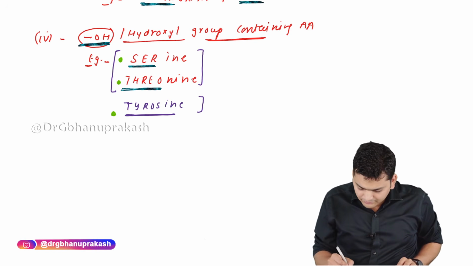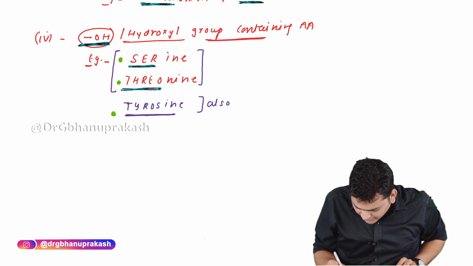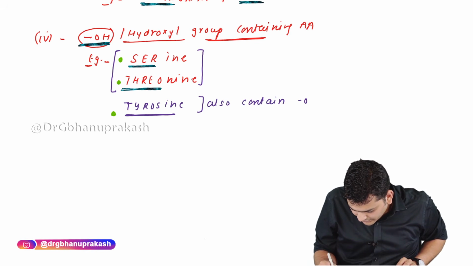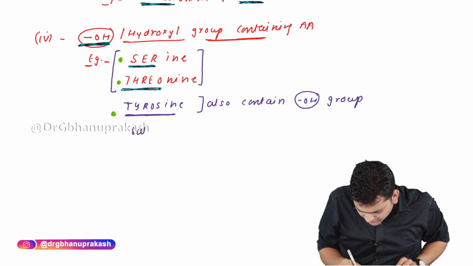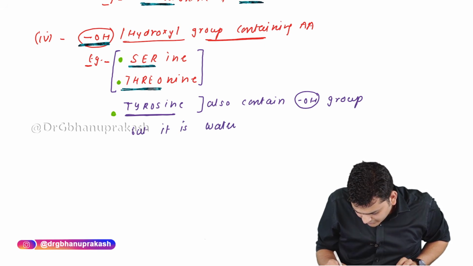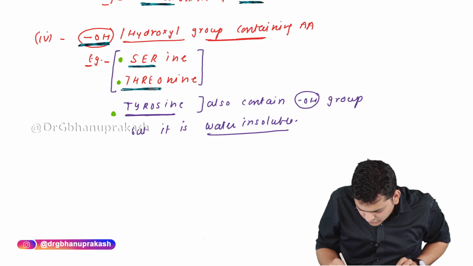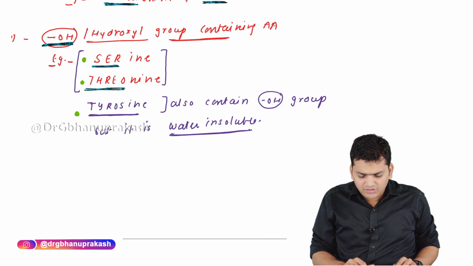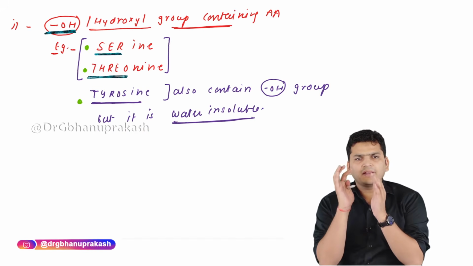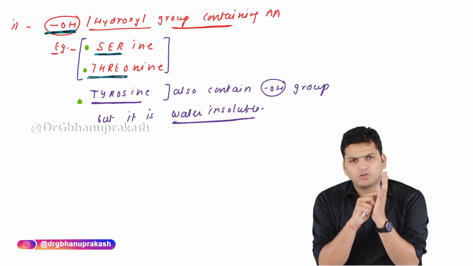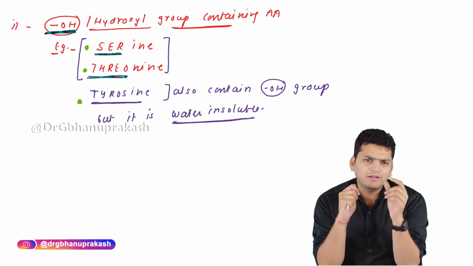Let's write down this full statement. Tyrosine also contains a hydroxyl group, but it is water insoluble. Now, what is the meaning of that? Usually, the alcohol containing amino acids are water soluble, because alcohol is water soluble.